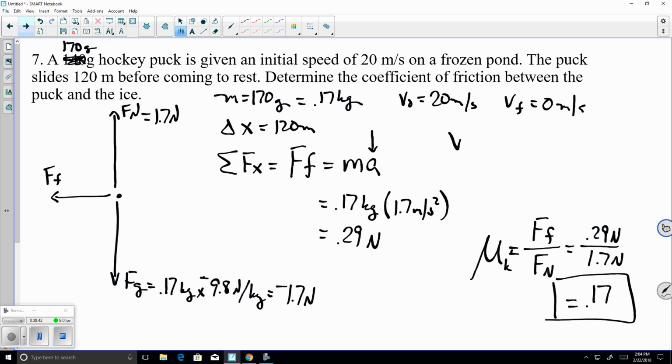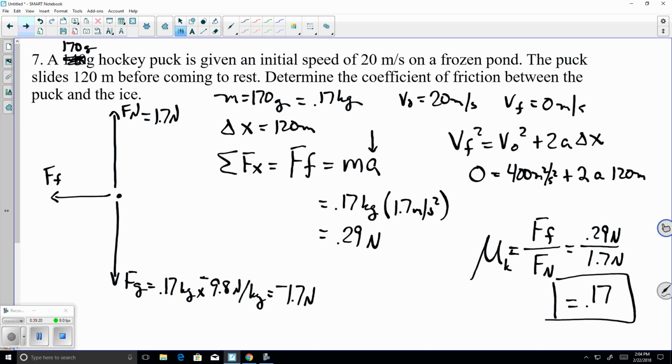And basically, I just use Vf squared equals Vo squared plus 2a delta x. Okay, and I plug them in, so it works out to be 0 equals, it was initially 20, so 400 meters squared per second squared plus 2a times 120 meters.